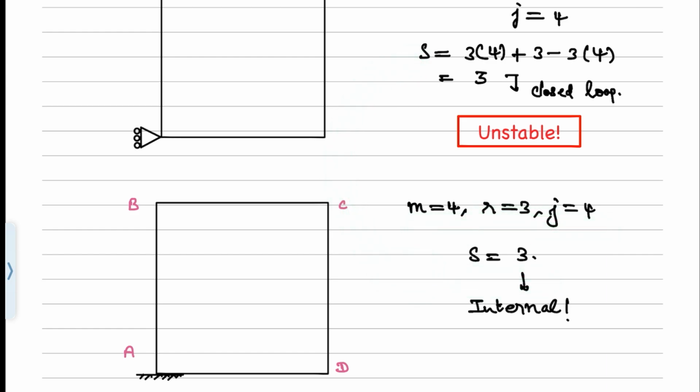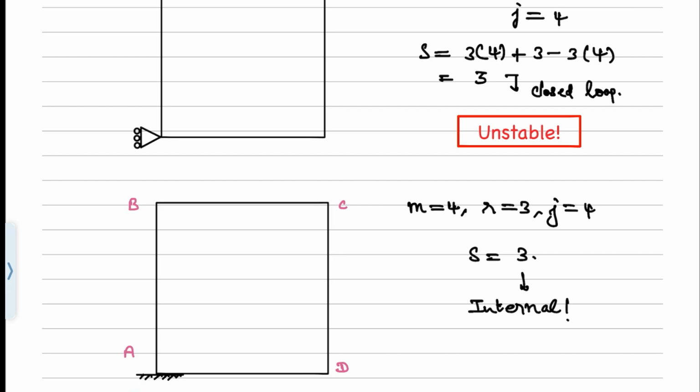In the previous video, I told that it's not always possible to clearly determine whether the indeterminacy is external or internal, but there are some cases where we can clearly tell. Perhaps in this case also we can say that this indeterminacy is internal. Why?